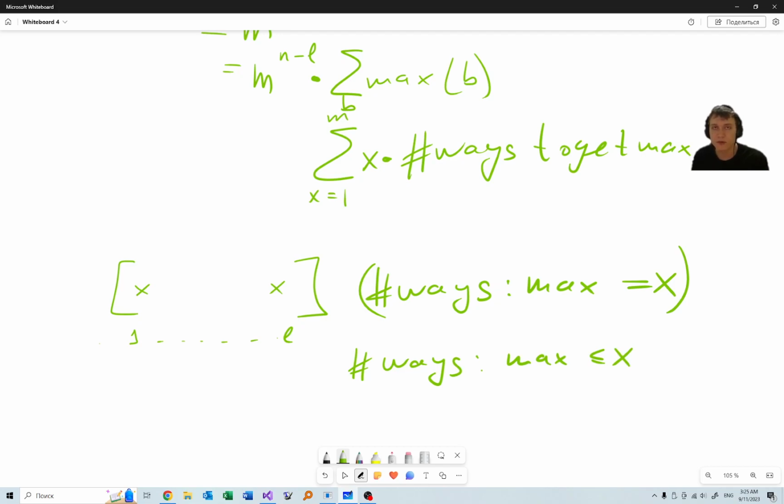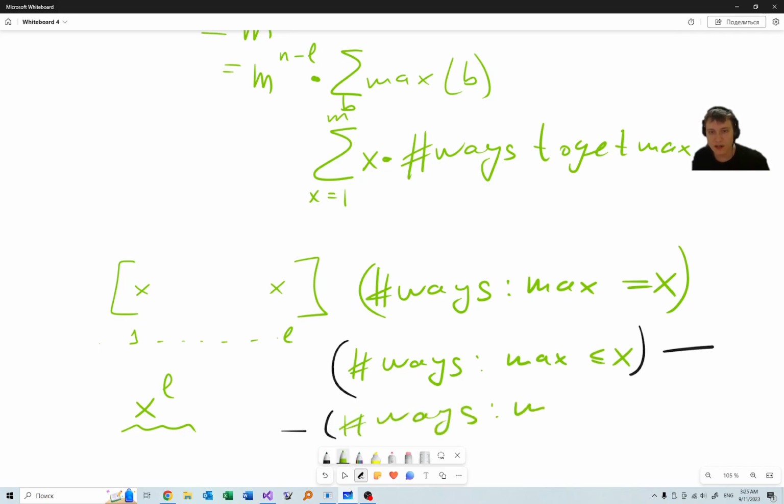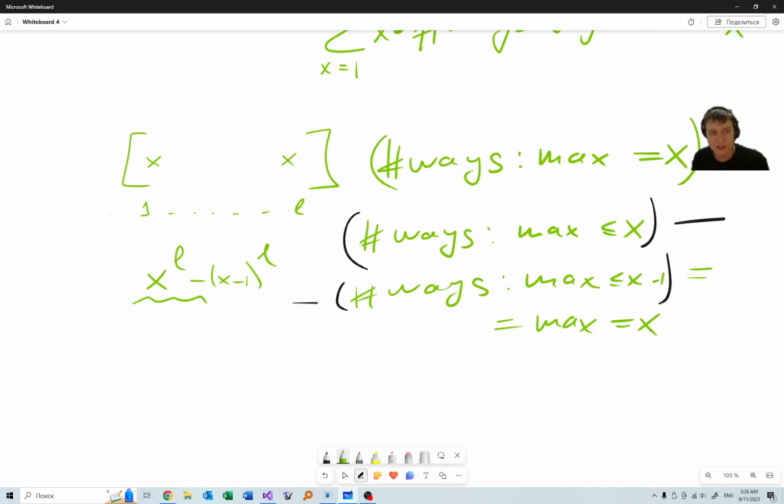And this is easy because you just need each number to be between 1 and x. In this case, it's just x to the power of L. But you have some maxima which are less than x. So let's subtract the number of ways in which the maximum is at most x minus 1. As we already know, the answer is x minus 1 to the power of L. Now if we subtract these two numbers, we just get the number of ways in which the maximum is exactly x. So this is the answer.